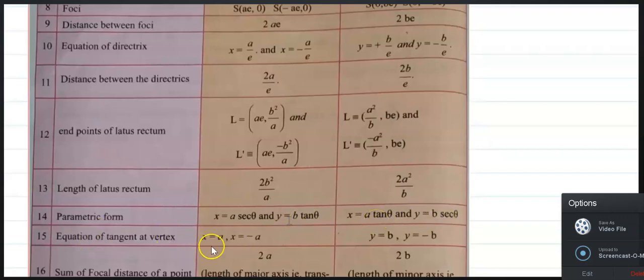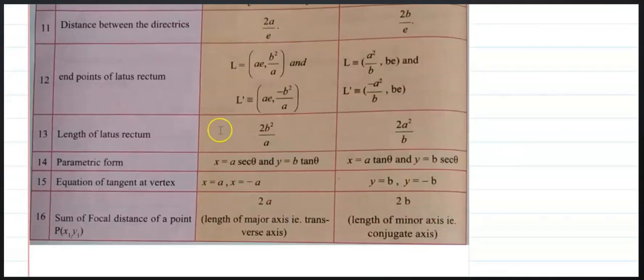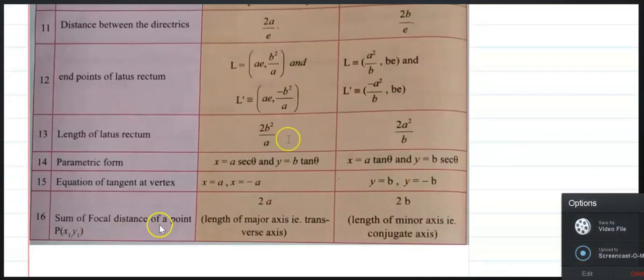Equation of the tangent at the vertex: x is equal to a, x is equal to minus a, y is equal to b, y is equal to minus b. And the sum of the focal distances of a point is the length that is equal to 2a, and this is 2b.